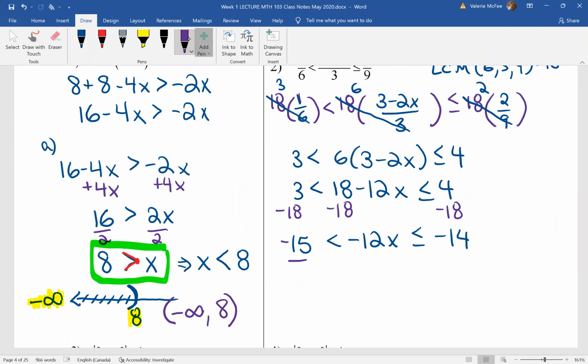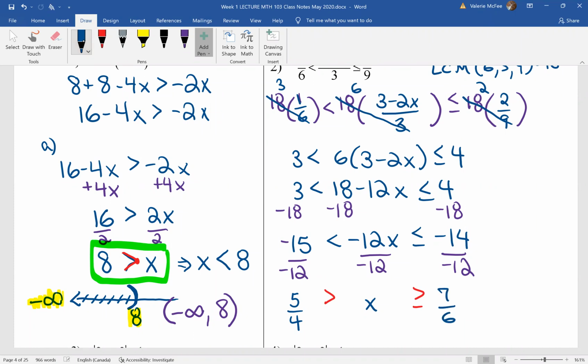But now we want to divide by negative 12. When we divide by a negative number, the signs change direction. A negative divided by a negative is, of course, positive, but we can reduce this fraction. 15 over 12, divide by 3, divide by 3. 14 over 12, we can divide each of those by 2.